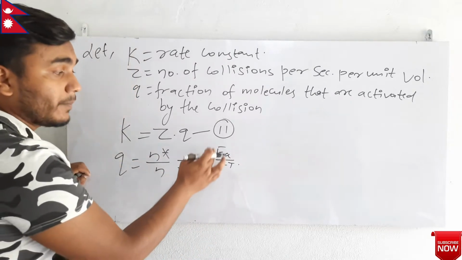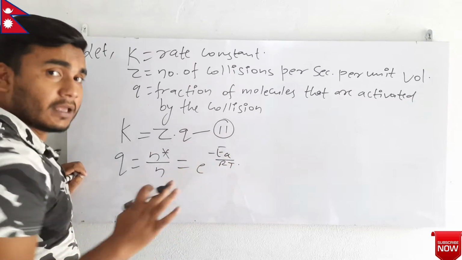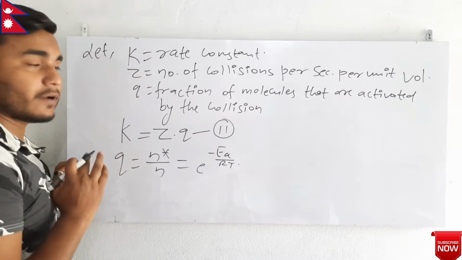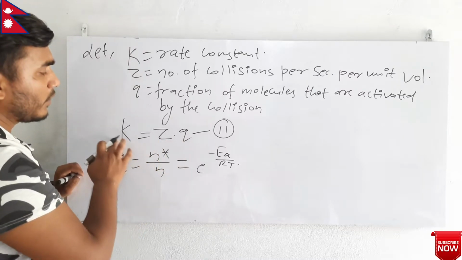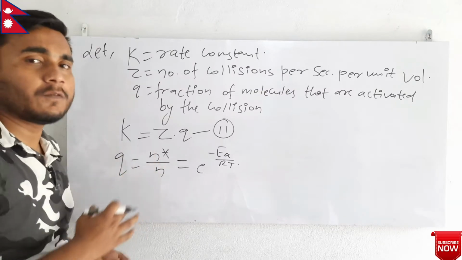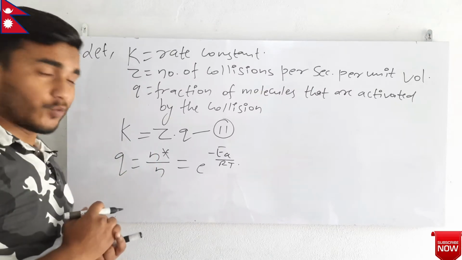So e to the power minus EA by RT is actually the fraction of molecules that are activated by the collision, and this equation is the derived form, or this simpler form, or another form of the Arrhenius equation.